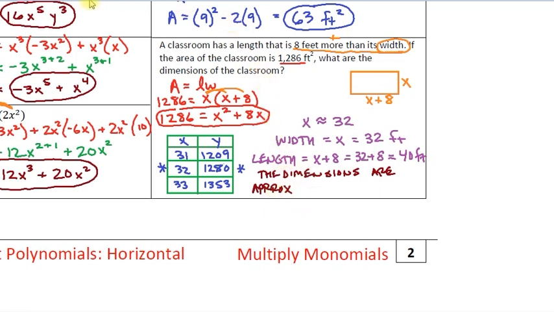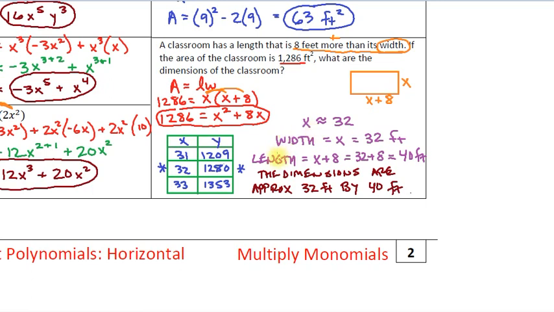That doesn't look very neat. Are approximately 32 feet by 40 feet.